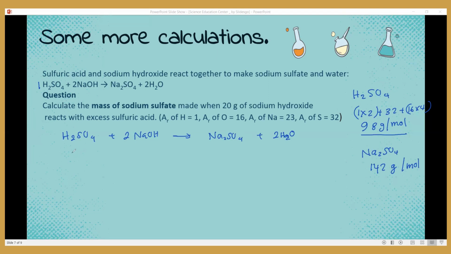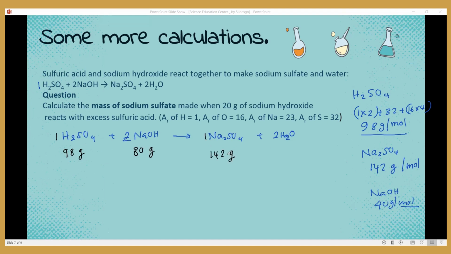So since it has 1, we have 98 gram here. And let's find the molar mass of NaOH. So 23 plus 16 plus hydrogen, that is 1, and this is 40 gram per mole. So when we have 1 mole of sodium hydroxide, we have 40 gram, but we have 2 moles here, so the mass over here will be 80 gram. And here it is 1, so obviously Na2SO4 is 142 gram.